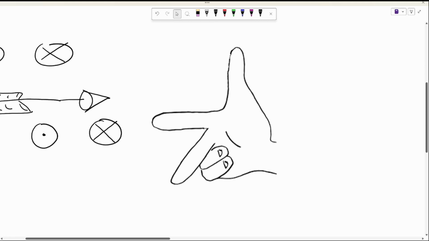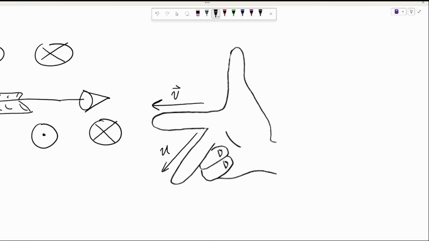Then your middle finger can come out and swing anywhere you want it to go, really. So it can be pointing more in this direction or more in this direction. That's all fine. But in any case, your index finger is your first vector, your middle finger is your second vector, and your thumb is the result.